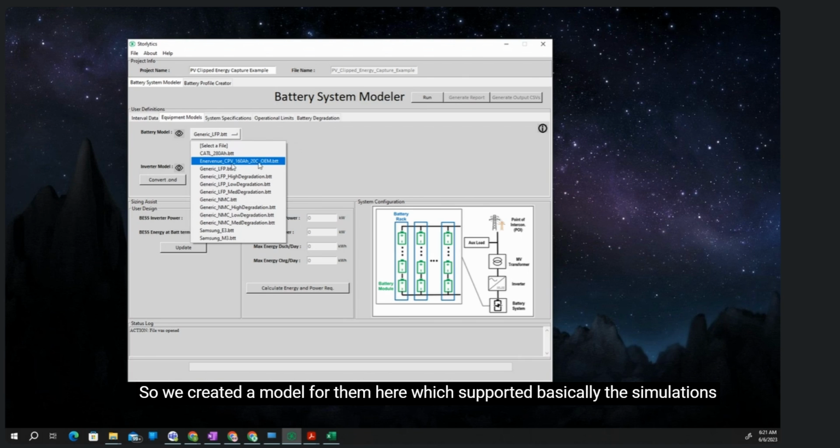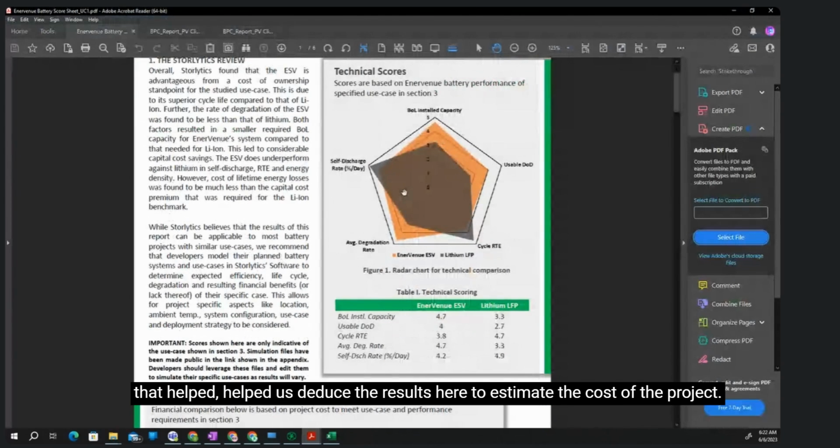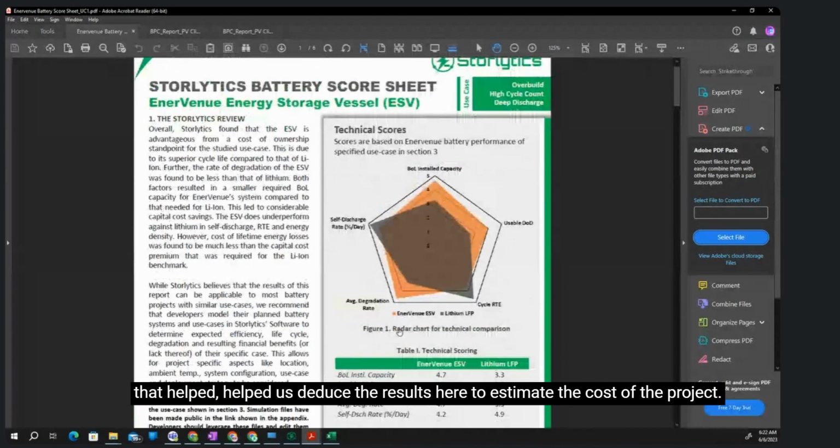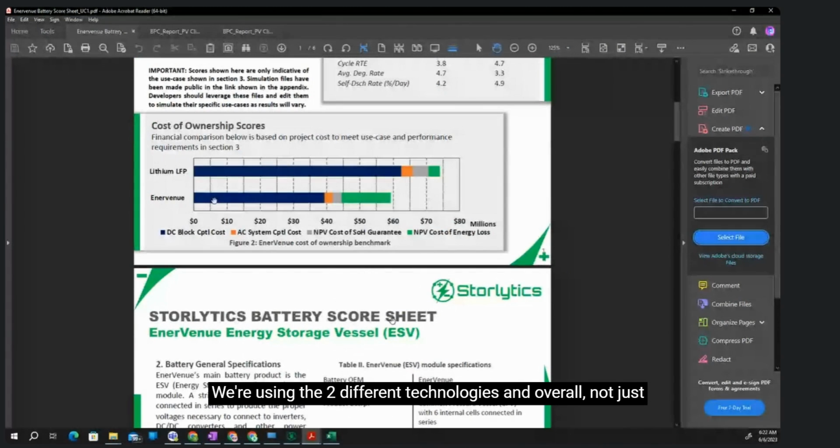We created a model for them, which supported the simulations that helped us deduce the results to estimate the cost of the project. We're using the two different technologies and looking at overall cost of ownership, not just capital cost, because we're able to estimate energy losses throughout project life for both.